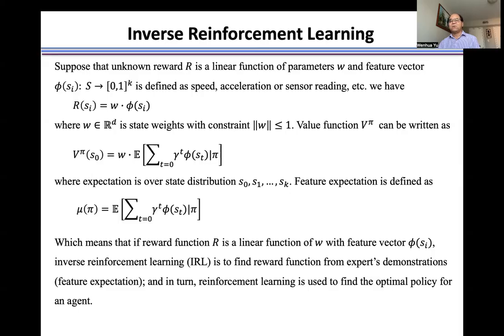In this way, without a manually designed reward function, we can use that reward function in reinforcement learning to find the optimal policy for the agent. The goal is that the policy we find is close to the expert policy, so that the state value function under the learned policy is close to that of the expert policy.